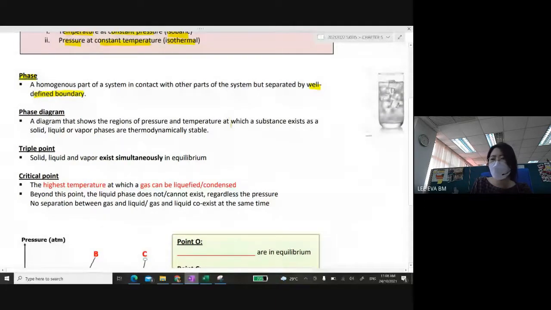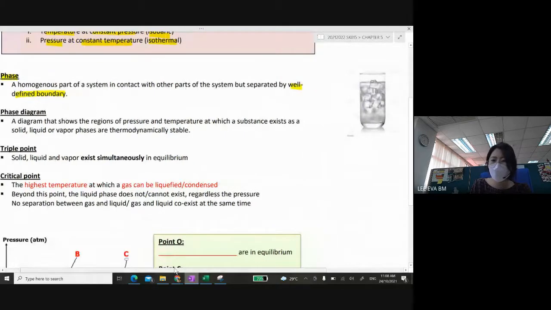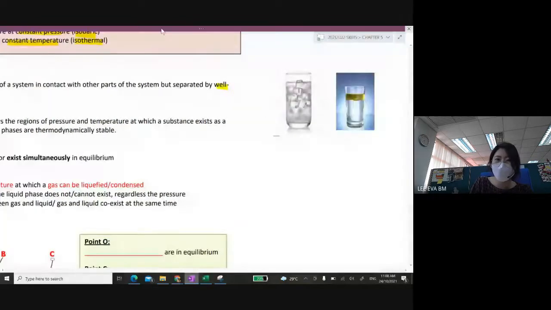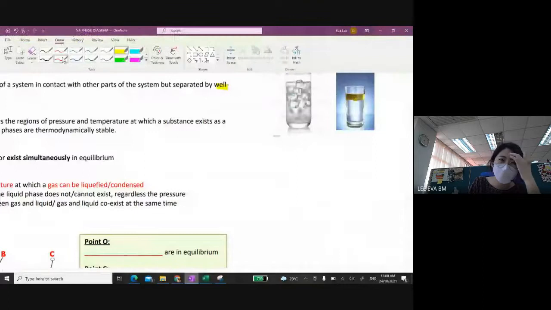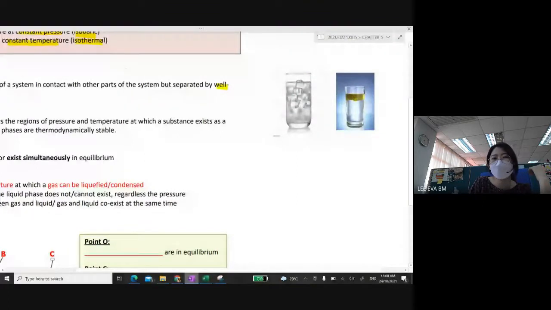If I only have a cup of warm water, I only have one phase, which is liquid. So in this case, you need to identify the phase. Maybe you have a liquid phase, a solid phase, or a gas phase.